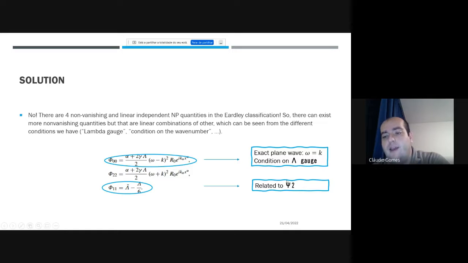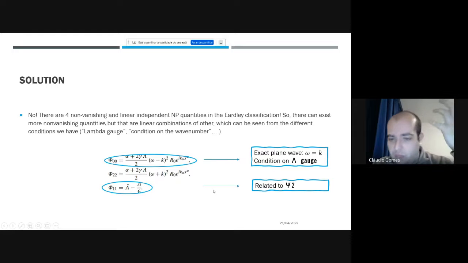Remember, even in Eardley's classification, the idea is to have those 4 Newman-Penrose quantities non-vanishing but linearly independent, so that there could be others that are non-vanishing but are linearly dependent. Okay, this is the case.